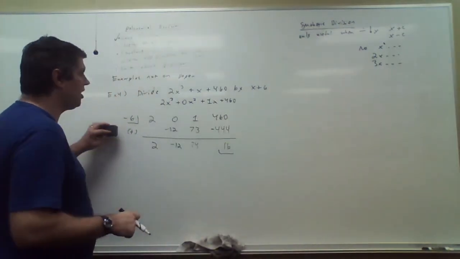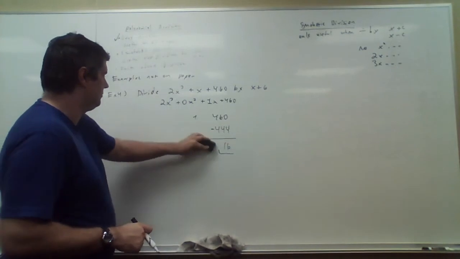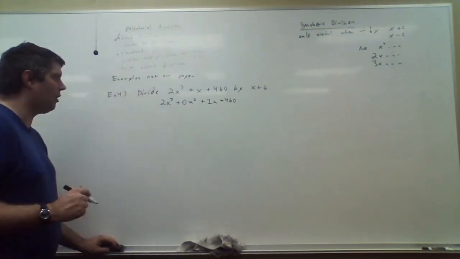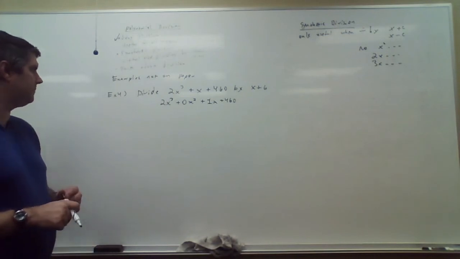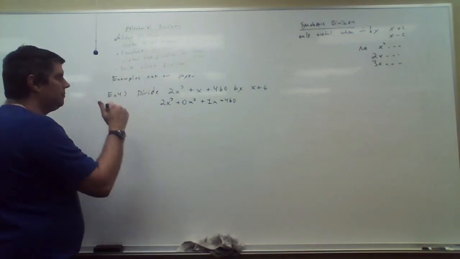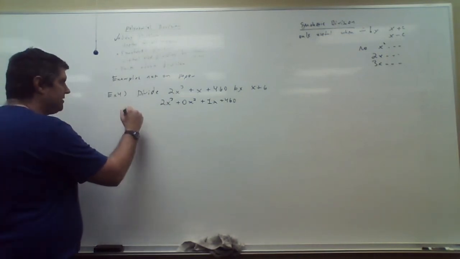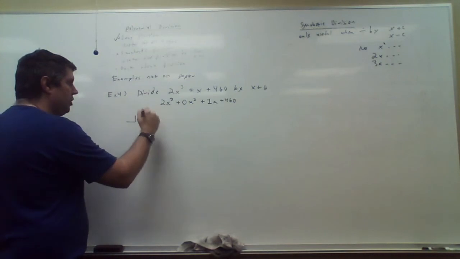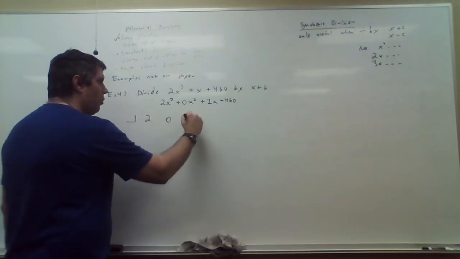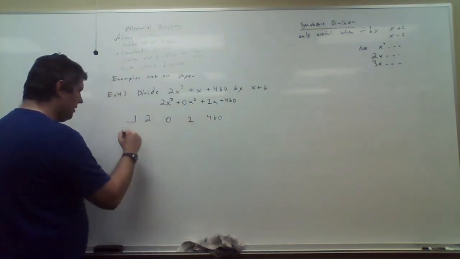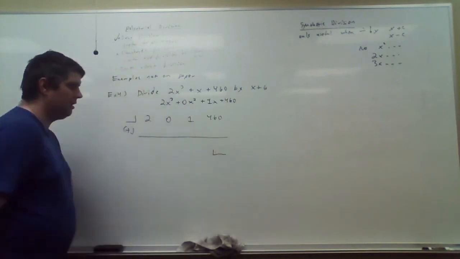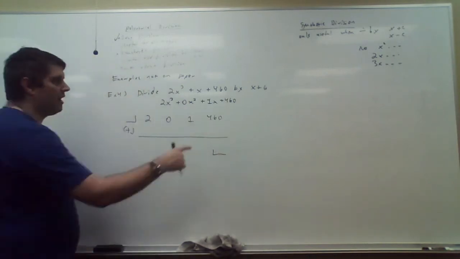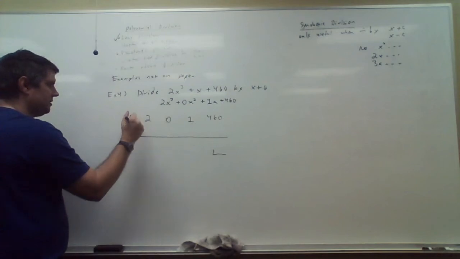Okay, we're going to start this over. Okay, starting over. Trying again. Okay. So, we're going to have 2, 0, 1, 460, plus, okay, the opposite of positive 6 is negative 6.